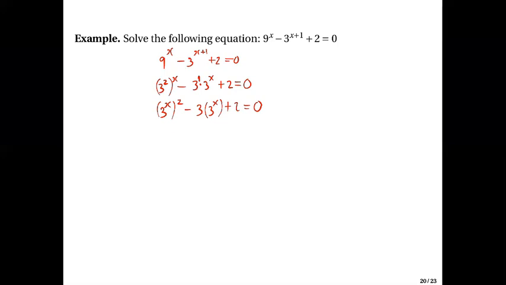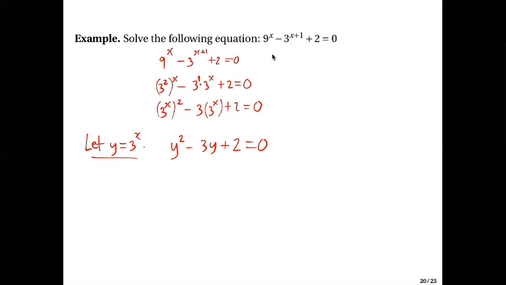To make it simpler, we let y be equal to 3 to the x. So this equation can be written as y squared minus 3y plus 2 equals 0. Now it's much simpler.